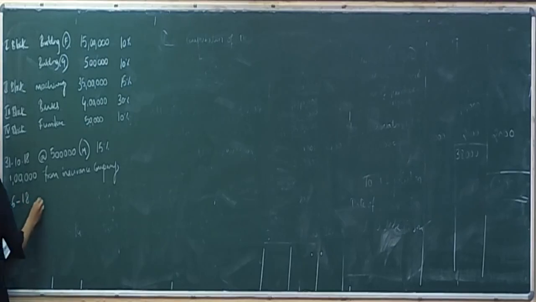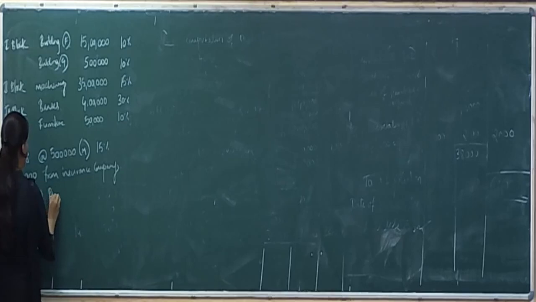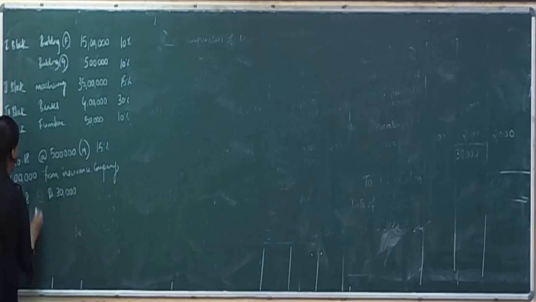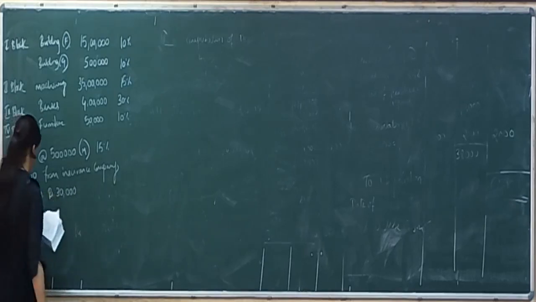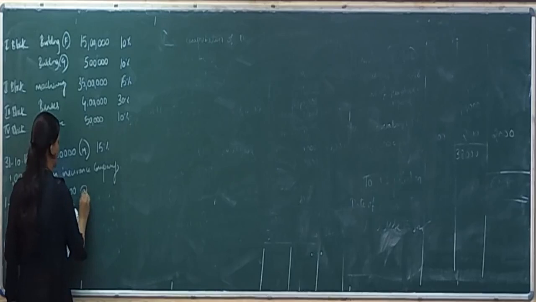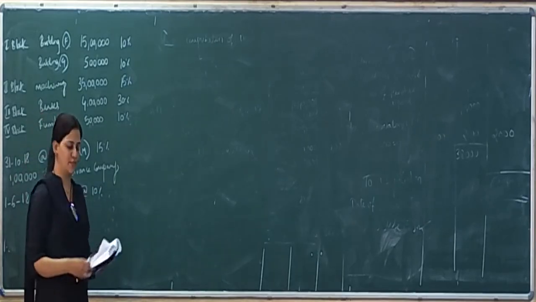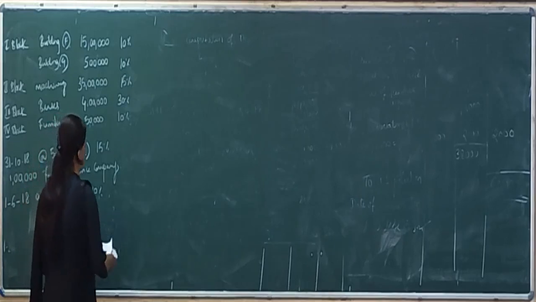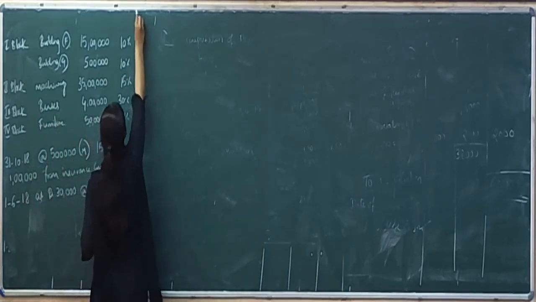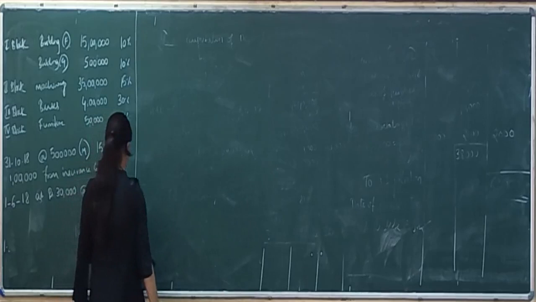Additional furniture was purchased, depreciation at the rate of 10%. Okay, with this information we need to prepare the depreciation account.